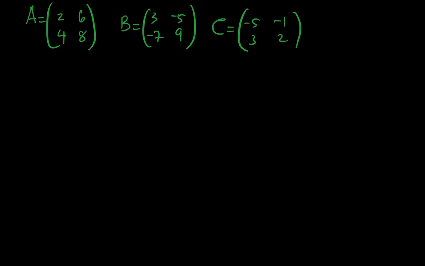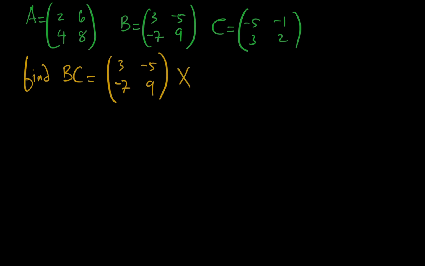Now, let's say we want to find the matrix BC, then that's going to give us the B, 3, negative 7, negative 5 and 9, and that is multiplying the matrix C, which is negative 5, 3, negative 1 and 2. So we are going to be able to apply that.